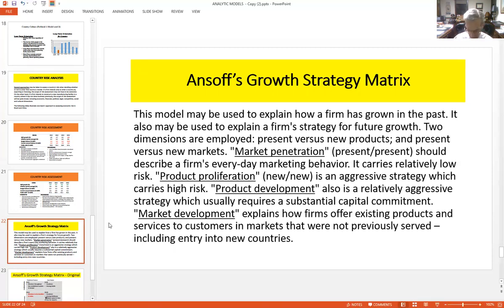And a famous Russian guy named Igor Ansoff gave us a little matrix that enables us to sort of summarize the approach to growth that a company will take. And this certainly applies whether the country is international or not.